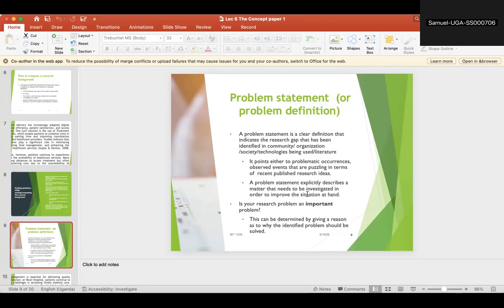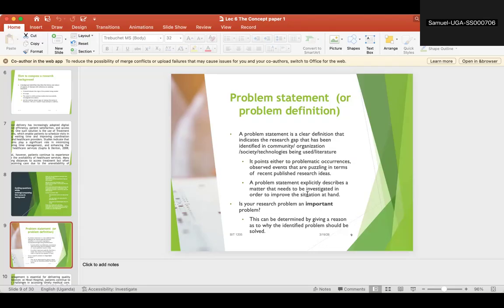As we try to formulate one, you have to ask yourself, is your research problem an important problem? Because not all problems are important. Sometimes you may go to ask patients some of the problems they are experiencing as they go to seek medical services, and someone will tell you maybe they are always hungry.